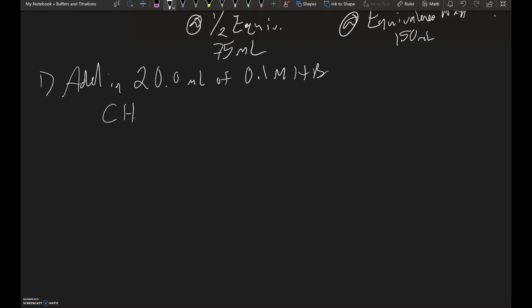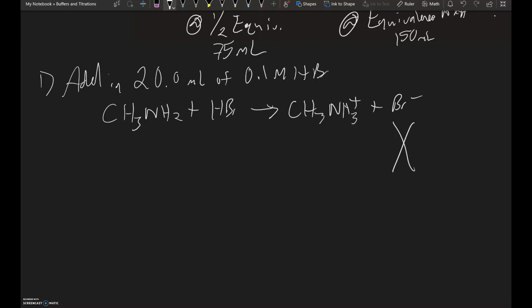We're going to react the methylamine with HBr, and you're going to form the conjugate acid plus the bromide. Bromide doesn't matter here. Now we're going to figure out the initial. This is the initial for methylamine. It's always going to be 15 millimoles. That doesn't change. What is going to change is the volume and number of millimoles of HBr.